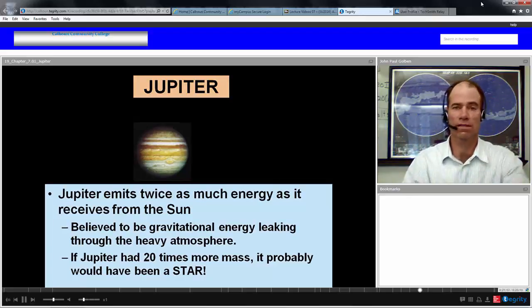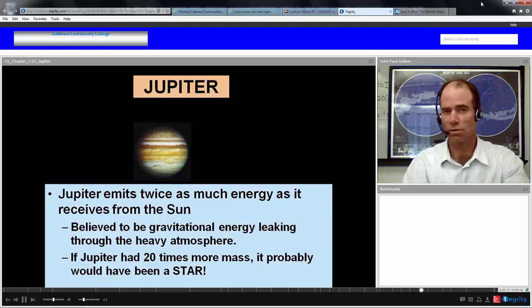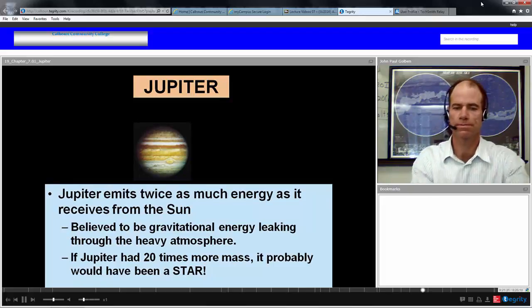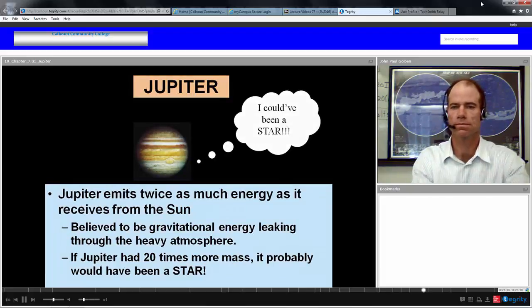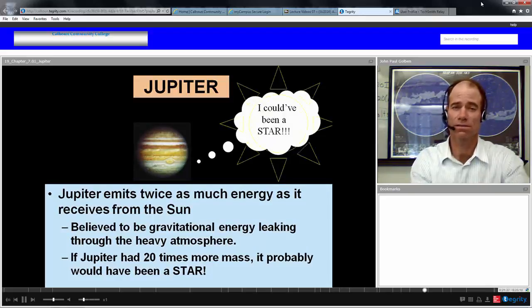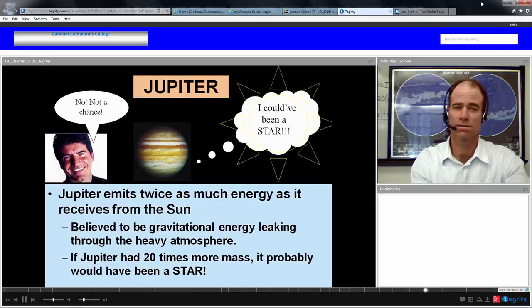There are many double star systems out there. In fact, maybe as many as 50% or more of the stars that you see are double star systems. So Jupiter could have been a star. Maybe not. Not a chance.